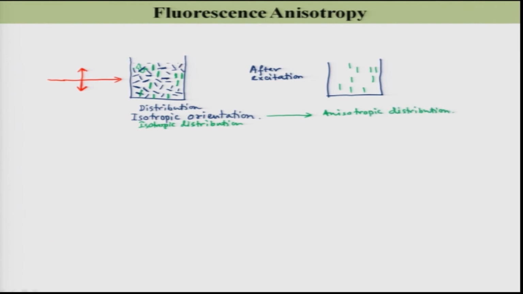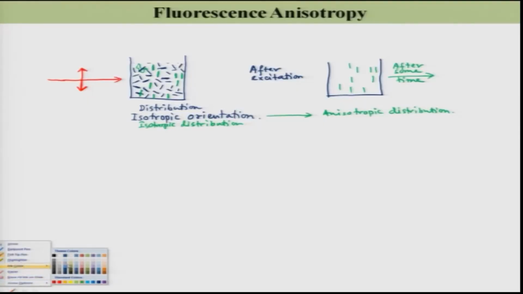Now, if you allow some time, then after some time these molecules will reorient, because obviously there is no force that keeps the molecules like that. So, they will constantly undergo reorientation. After the molecules reorient themselves, the situation will again be isotropic.